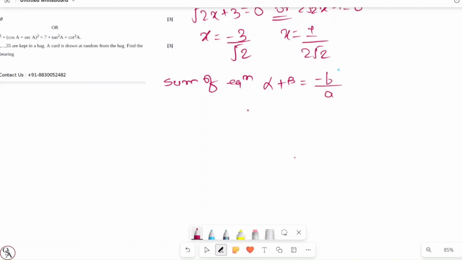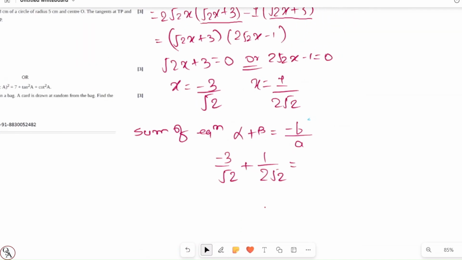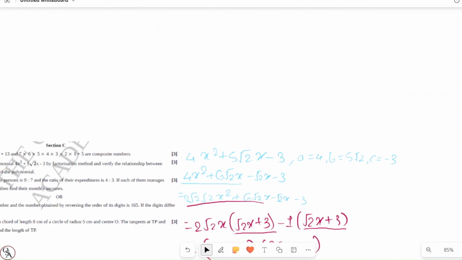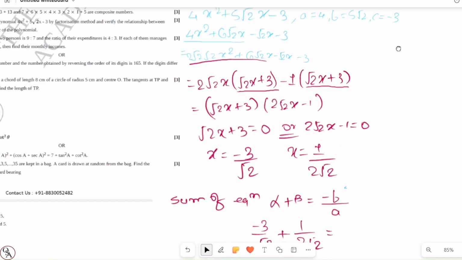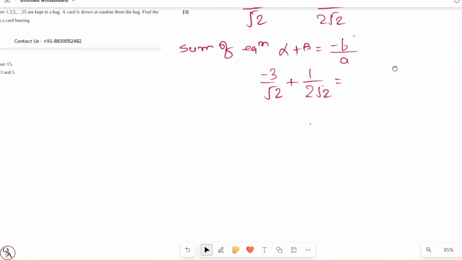My alpha is minus 3 upon root 2 and my beta is 1 upon 2 root 2, and this should equal minus b by a. My value of b is 5 root 2, c is minus 3 and a is 4. Okay, 5 root 2.